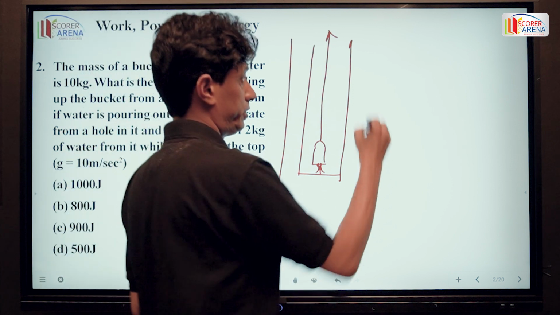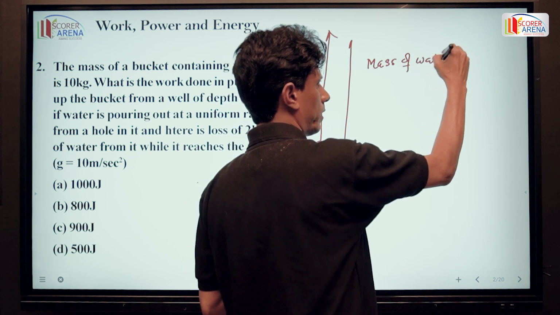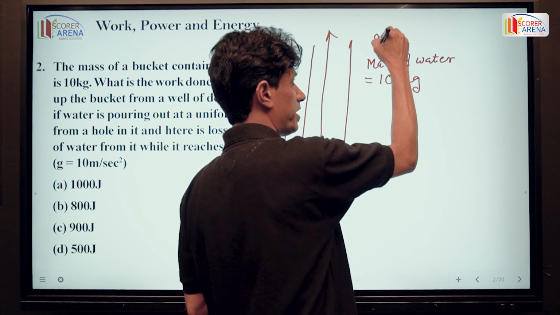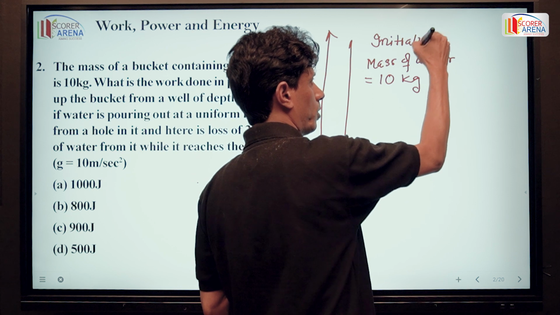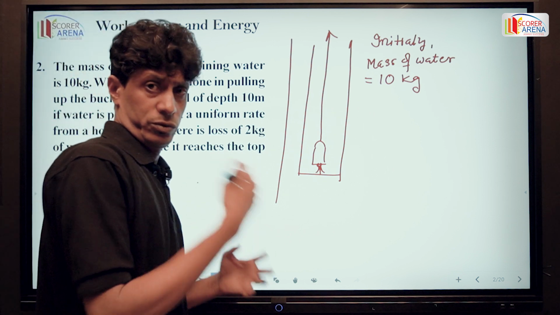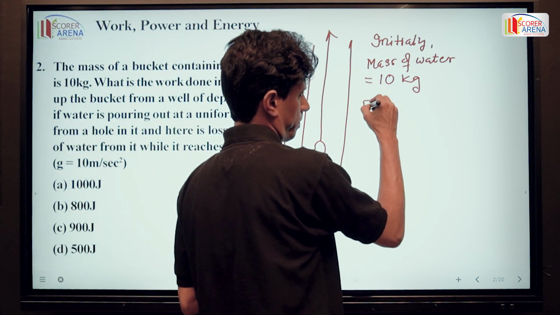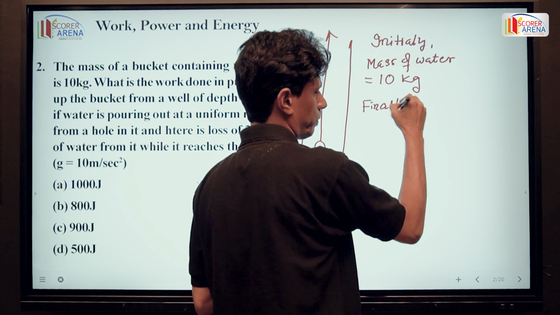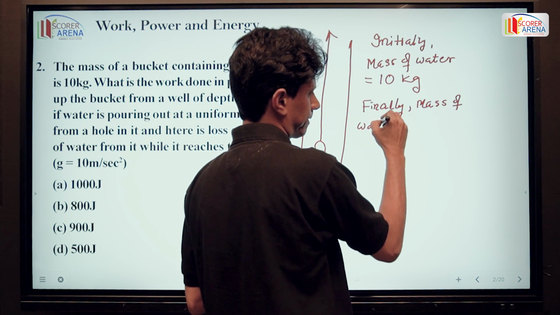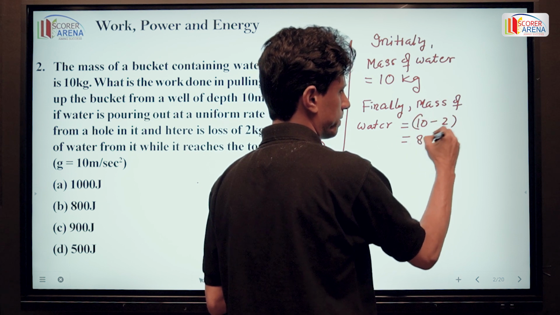So initially the mass of water is 10 kg, and finally, when the whole process is over, the final mass of water is equal to 10 minus 2, equal to 8 kg.